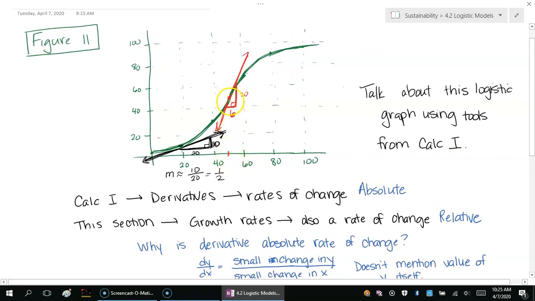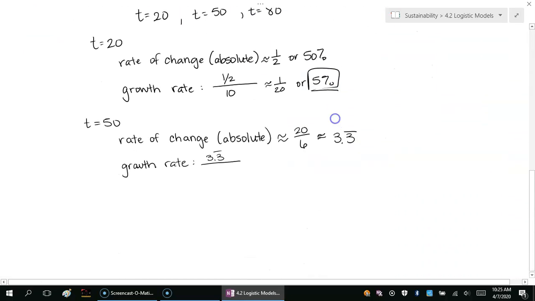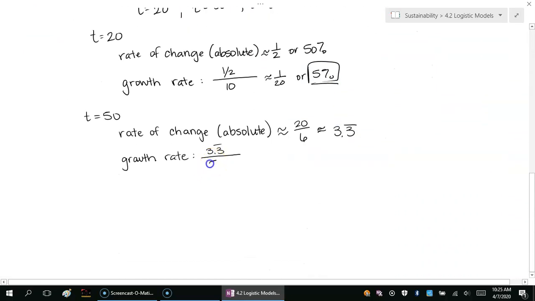When t is equal to 50, it looks like our stock level is approximately 50 also. So I'll divide that by 50 as well. And that comes out to a growth rate of about, let's see, that's 0.06 repeating. So if I round, that's about 6.7%.